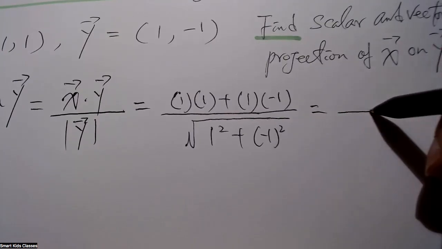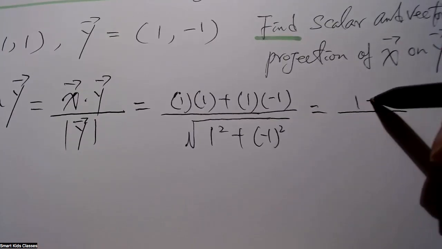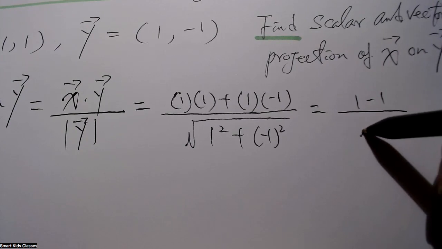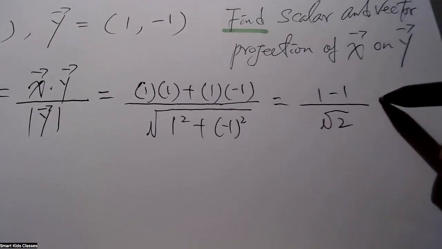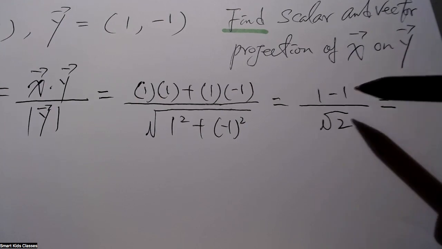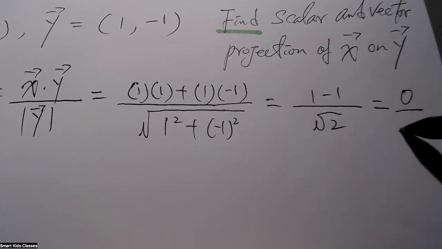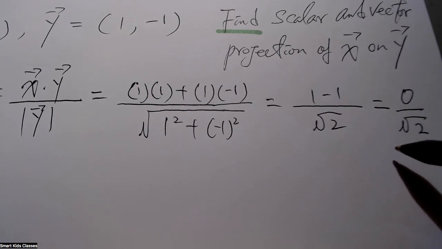The numerator is 1 minus 1, and the denominator is the square root of 2. It equals 0, since 1 minus 1 is 0. Therefore, the scalar projection is 0.